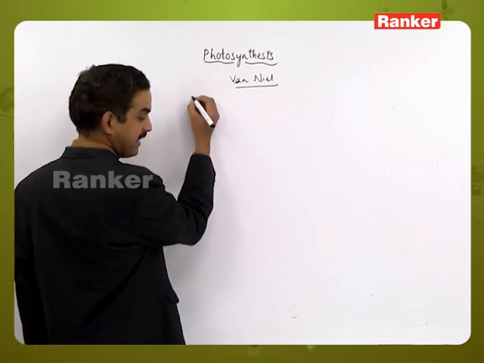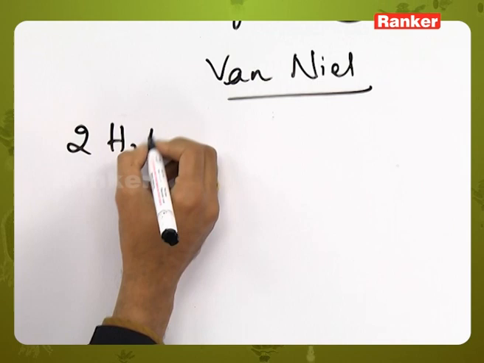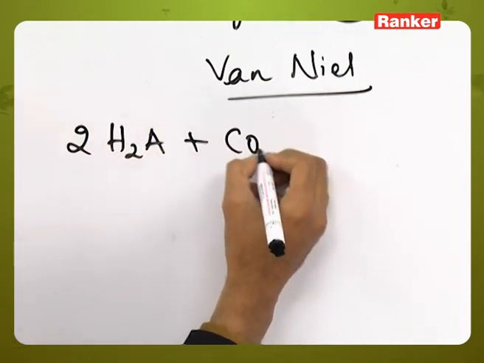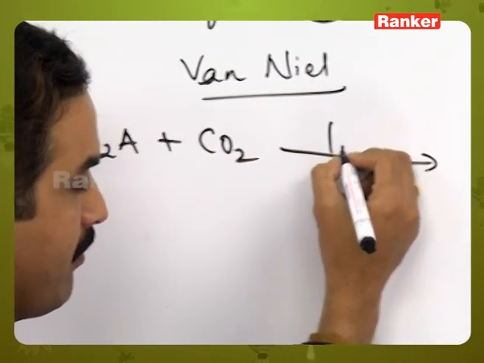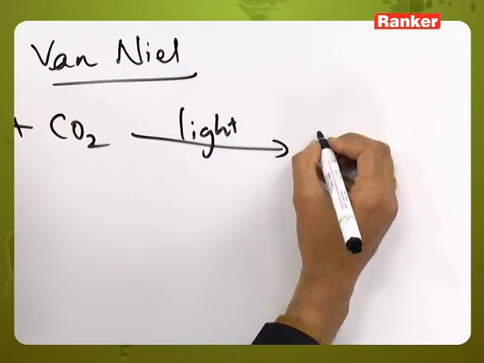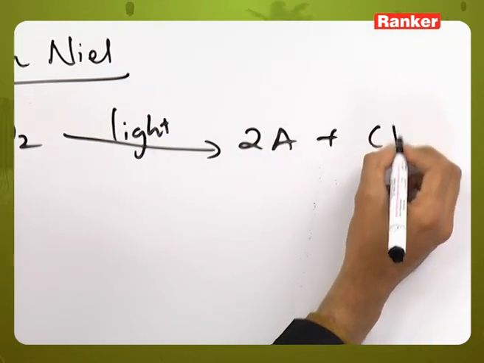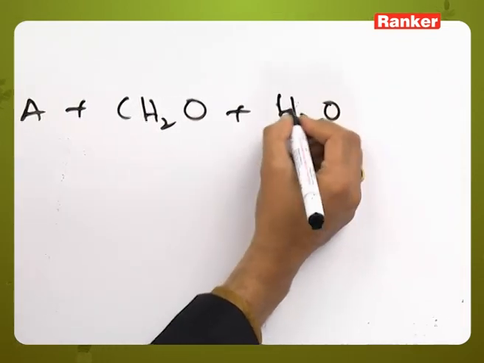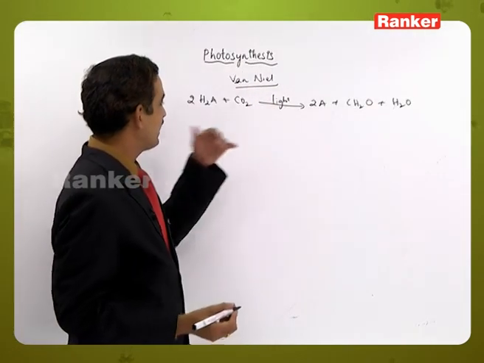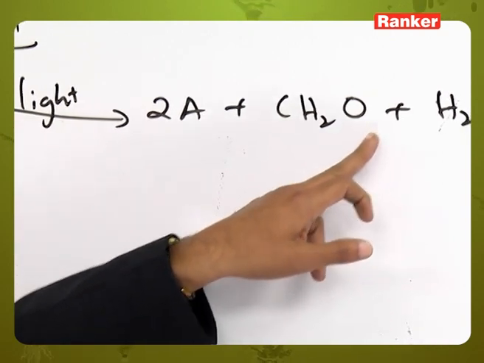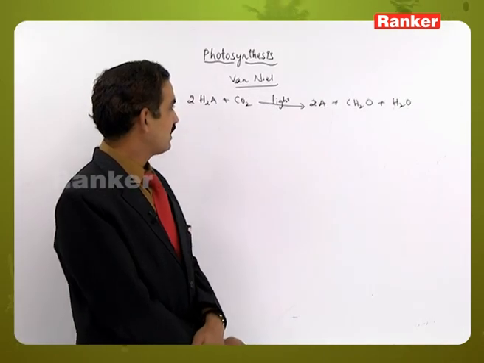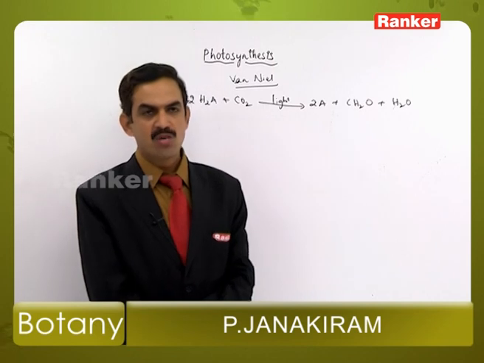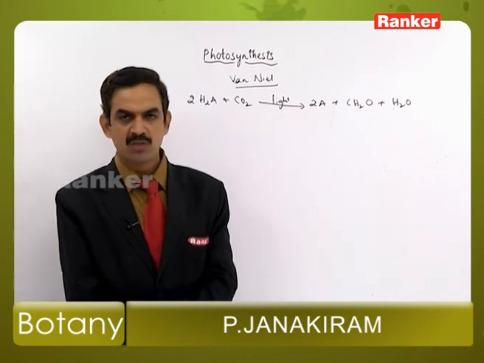It can be shown in another form: CO2, in presence of light, is converted into 2A plus CH2O, and an H2O molecule is released. So in this one, the carbohydrate molecule is formed by using carbon dioxide, and hydrogen is taken from the oxidizable compound.